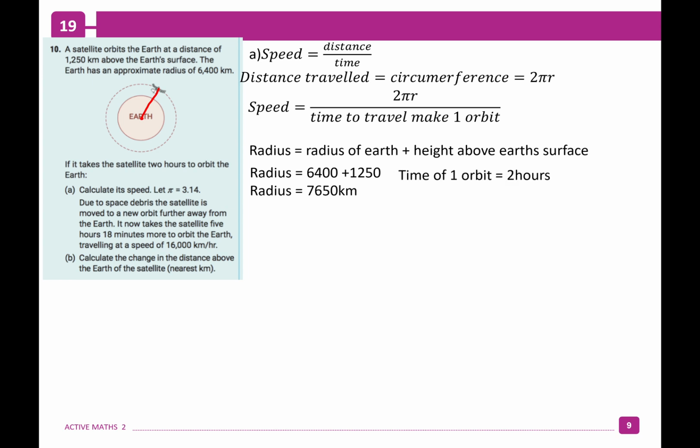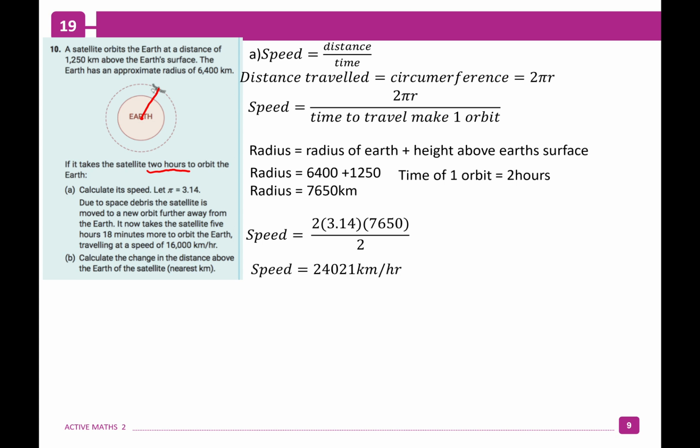And the time to travel one orbit is given in the question. We're told that the time to travel one full orbit is equal to 2 hours. So now we just need to substitute these values into our formula and solve for our speed. Our speed is equal to 2 times 3.14 times 7,650 all over 2.